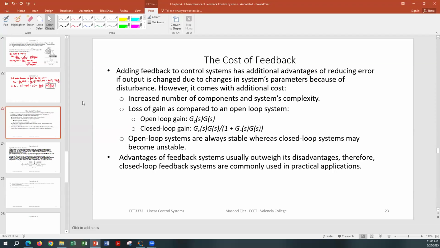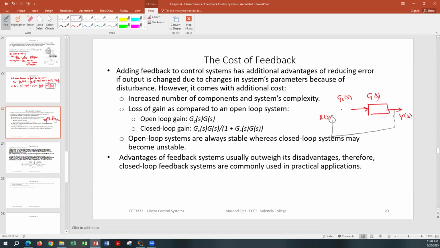So if you have just an open loop system and you have Gc(s) and G(s) and the output, then of course the transfer function is going to be simply the product of Gc(s) G(s). But if you have a closed loop system, then assuming feedback is 1, then what's going to happen?